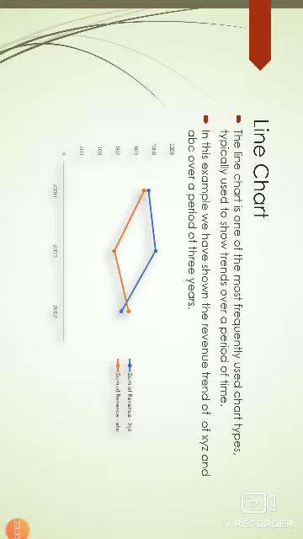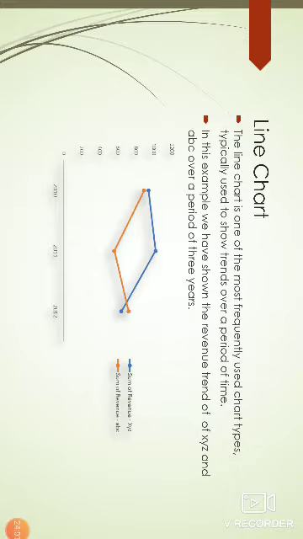So the next one is the line chart. A line chart is one of the most frequently used chart types, typically used to show trends over a period of time. In this example we have shown the revenue trend of XYZ and ABC over a period of 3 years. So observe this.